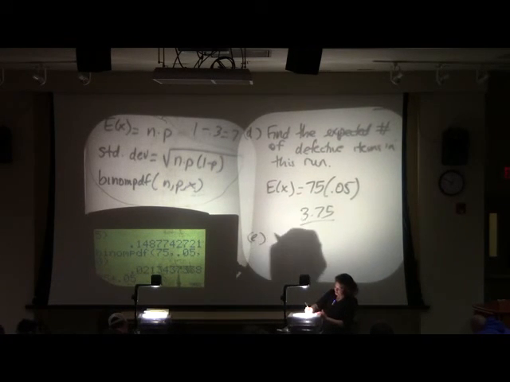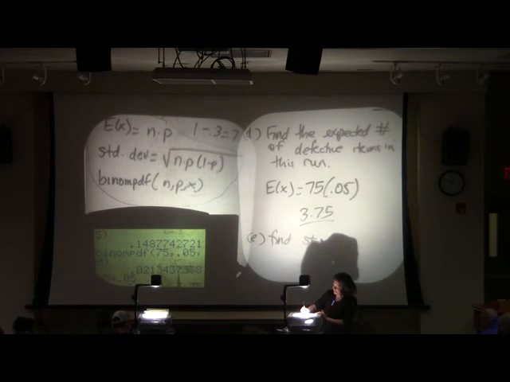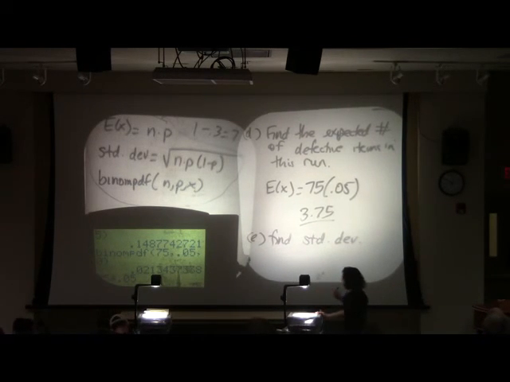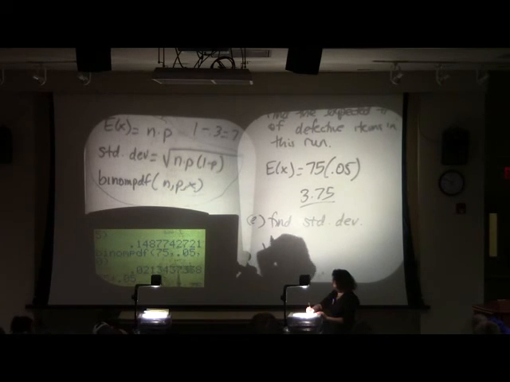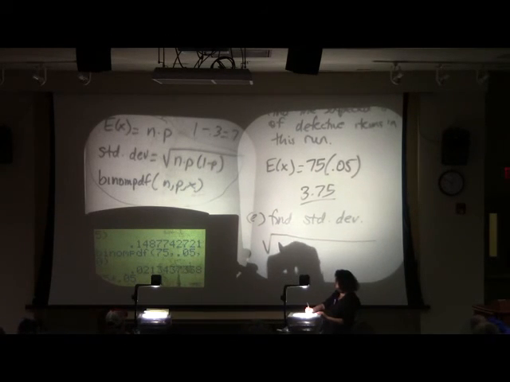All right, one last question. What if I want you to find the standard deviation here? We can certainly do that also. Then I have one more quick comment, and then you guys will actually get out early today. Well, your standard deviation is the square root of n times p. What is n? 75.